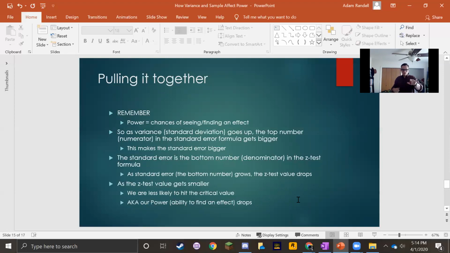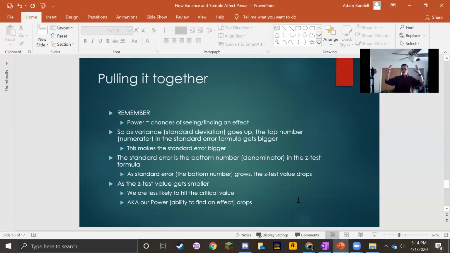Okay. If we take that bigger standard error, and then we plop it back down into the z-test, that means the denominator in that z-test has gotten bigger. Remember that as the denominator gets bigger, the quotient, or now in this case, the z-test value gets smaller.